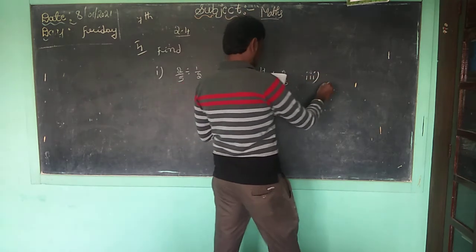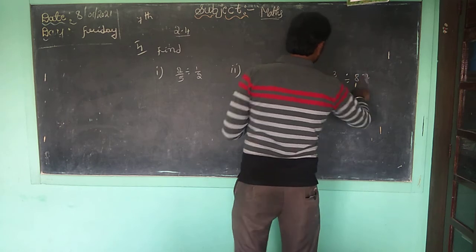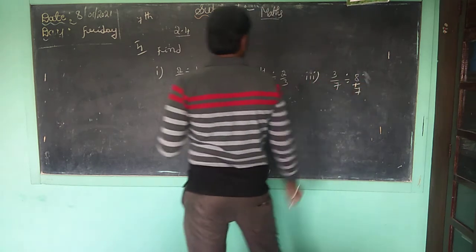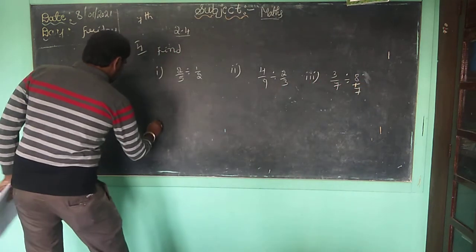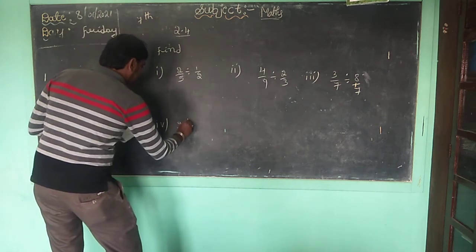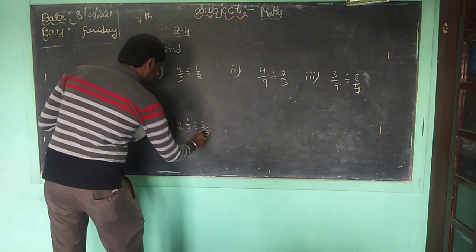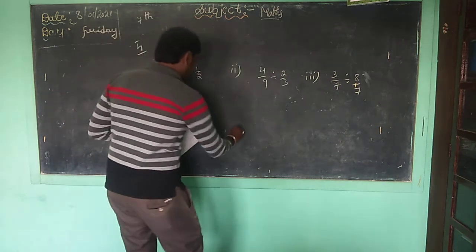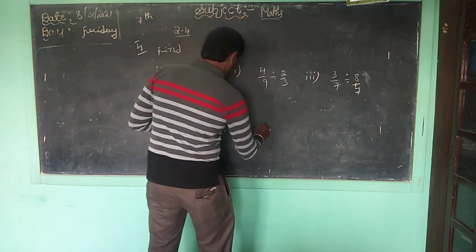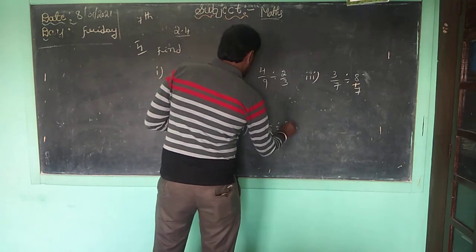Third one is 3 by 7 divided by 8 by 7. Children, now you want to take again also 2 1 by 3 divided by 3 by 5. On the fifth one also, what we can represent, 3 1 by 2 divided by 8 by 3.